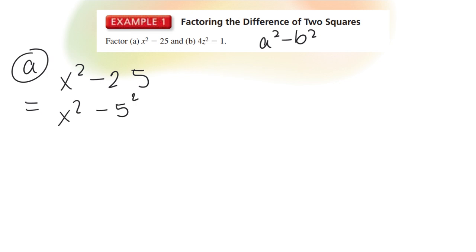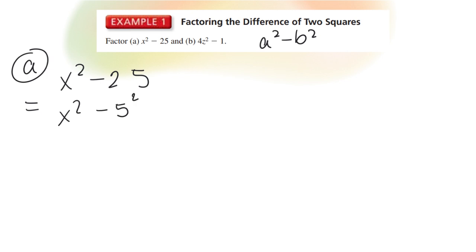In A, we have x squared minus 25. The format they want for factoring the difference of two squares is a squared minus b squared. So if I have it in this format, this is going to equal x squared minus 5 to the power of 2.